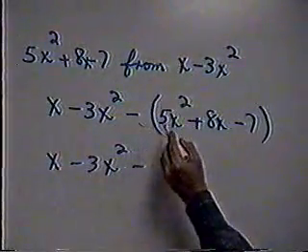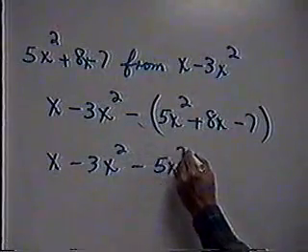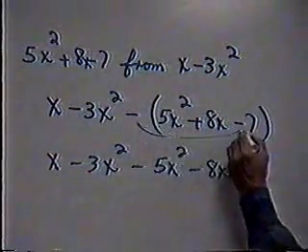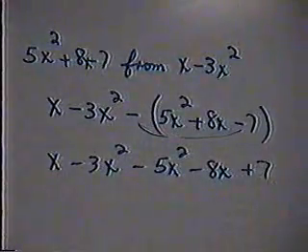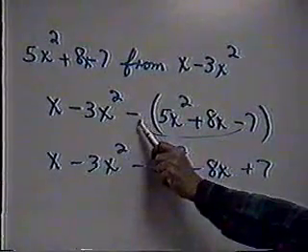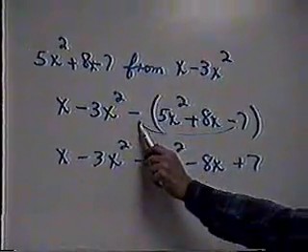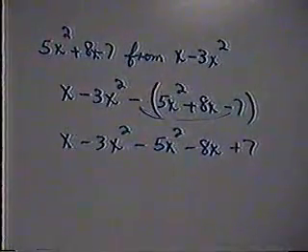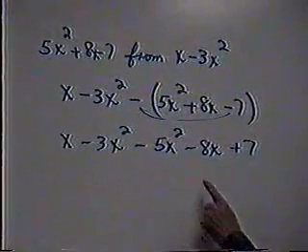Removing parentheses, minus times this is a minus 5x squared. Minus times a plus is a minus 8x. And a minus times a minus is a plus 7. Remember now, and this is why I do that parentheses. When there is a minus in front of it, then you must distribute that among every one of the inside terms. All right, now we add apples to apples, oranges to oranges.